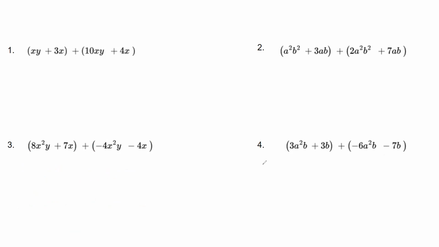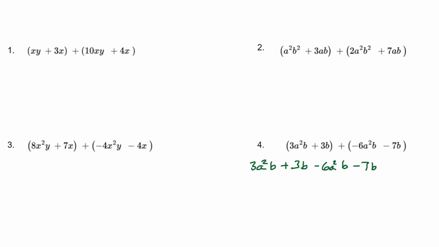So let's rewrite this without the parentheses. 3a squared b plus 3b. And once again, adding a negative is just subtracting 6a squared b. And this negative 7b or minus 7b, we can just rewrite that.